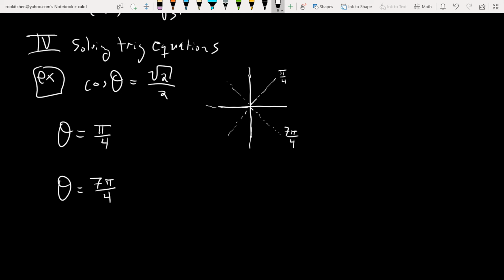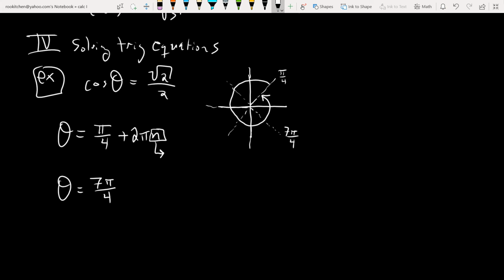To get the infinite solutions, what you do is just kind of tack on 2 pi n, right? Because if you circle 360 degrees, you'll get back to the pi over 4. So if I just add another 2 pi to pi over 4, I'll get up there at 9 pi over 4. Okay? Or vice versa, I can go in the other direction. So that n represents the integers.